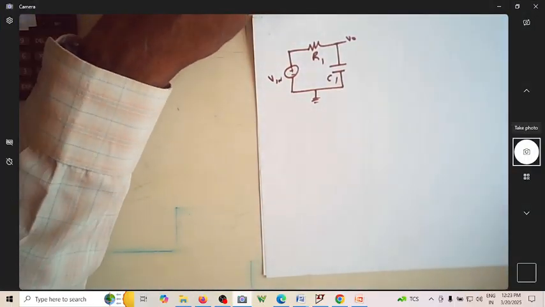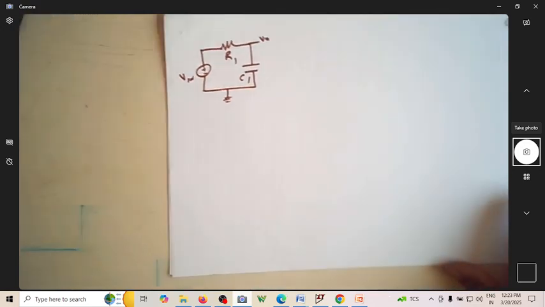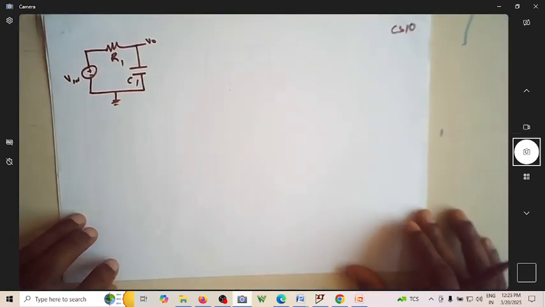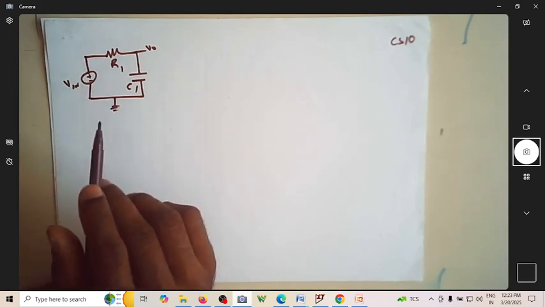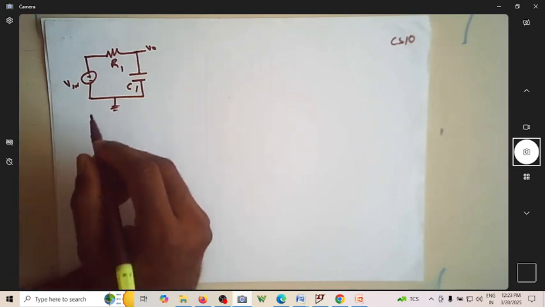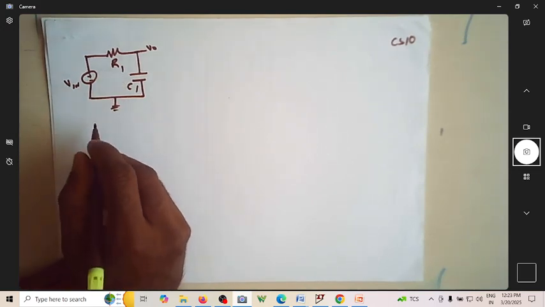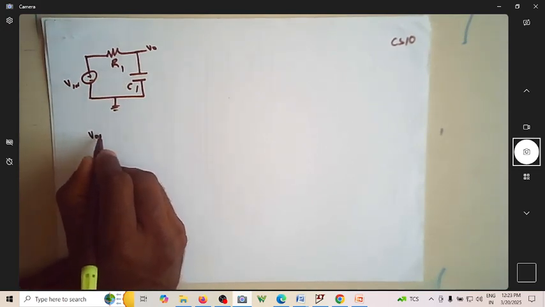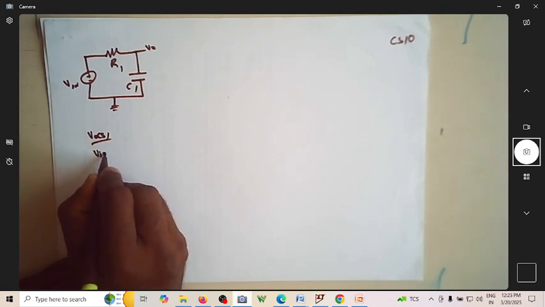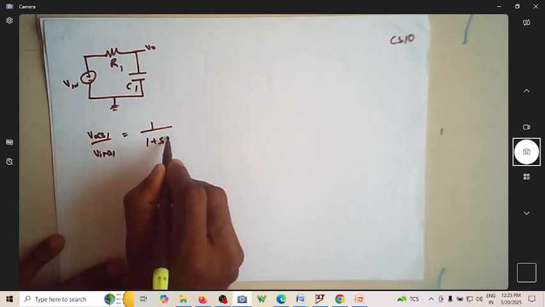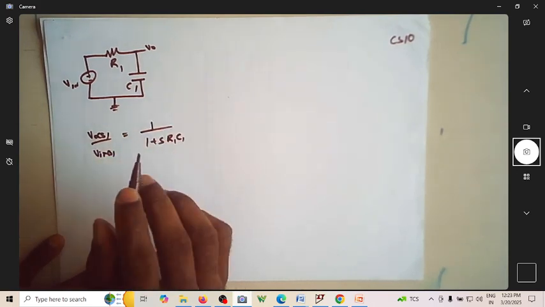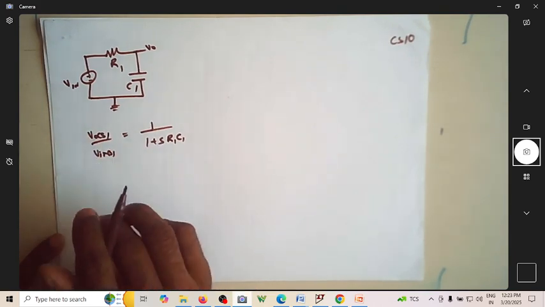Okay, this is what I have now. In the previous videos, we have seen that the transfer function of this particular circuit diagram, which is V naught of S by V in of S, happens to be 1 over 1 plus S R1 C1. So this is the transfer function of this.